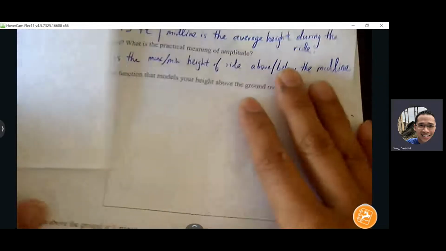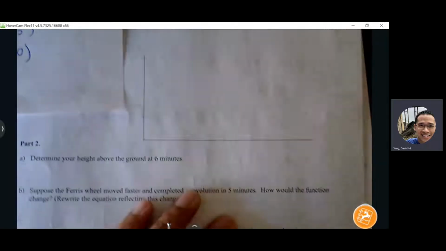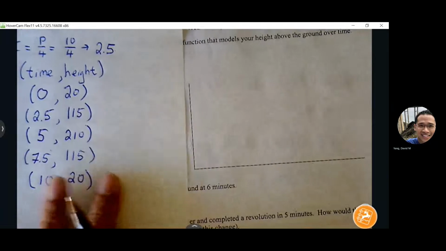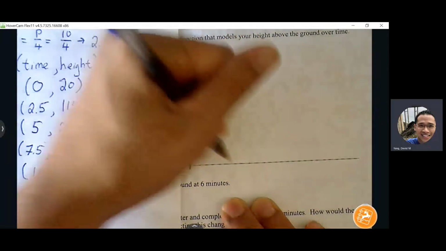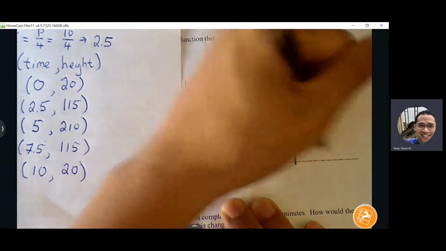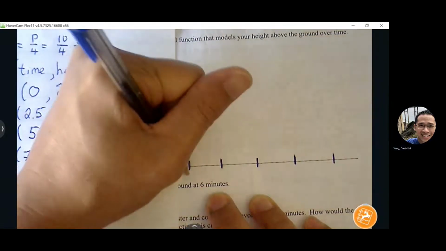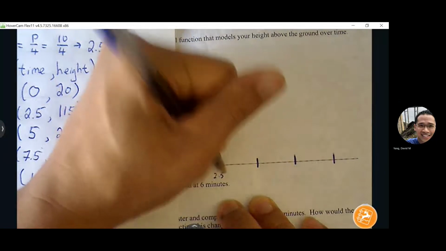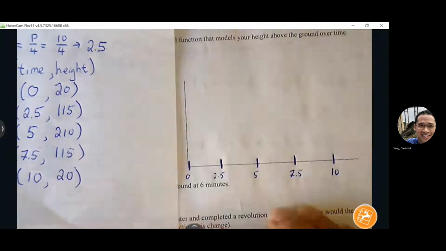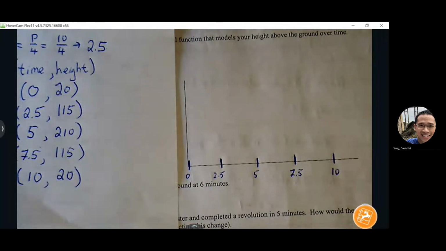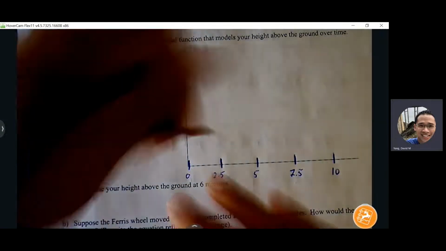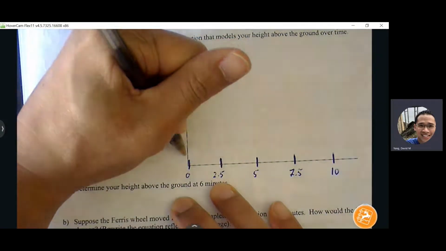So I'm going to do my interval by 2.5 here. 0, 2.5, 5, 7.5, 10. I want to eventually hit 220. You can do whatever you like, but I'm just going to go up by 20 here.